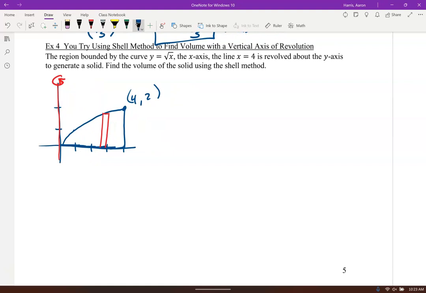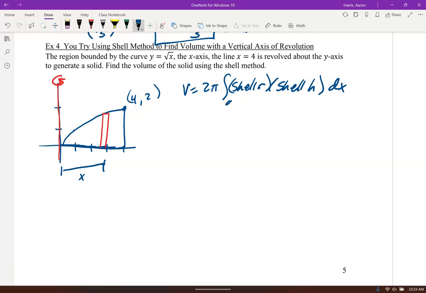radius. So the radius out to the middle of that rectangle is x. There's our shell radius. And our shell height is just square root of x minus 0, down to y equals 0, so just square root of x.